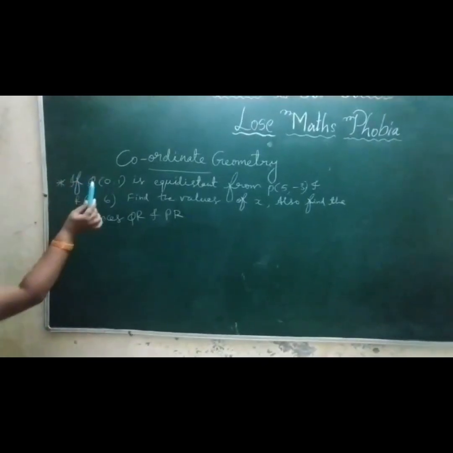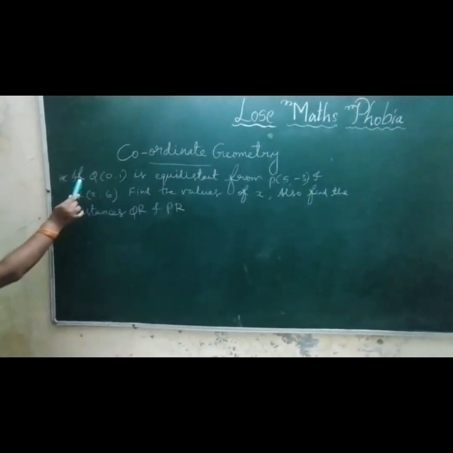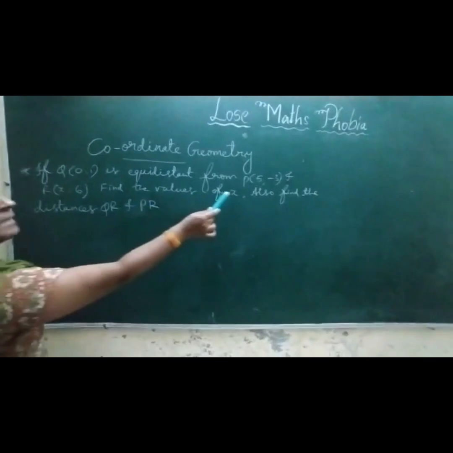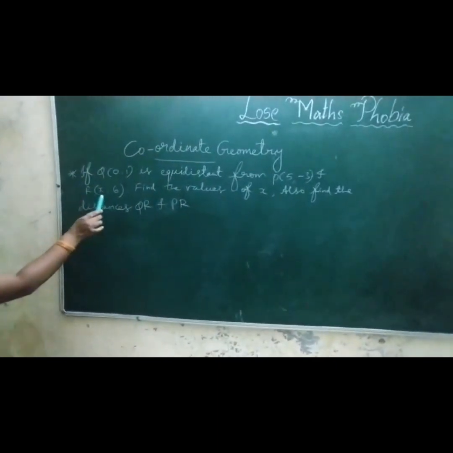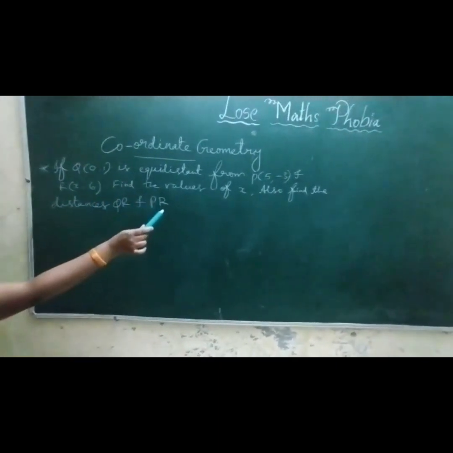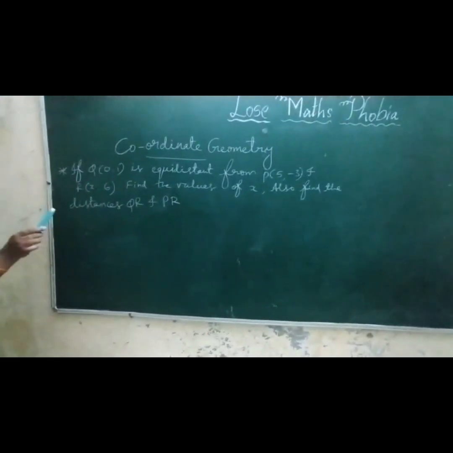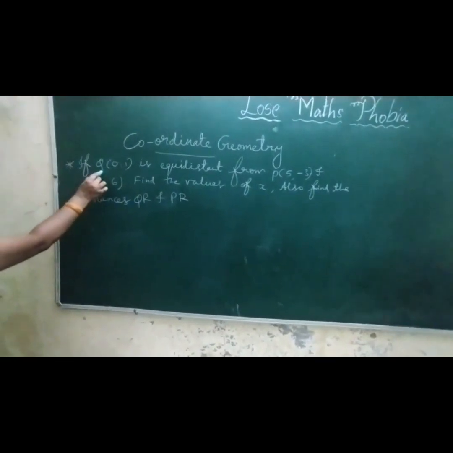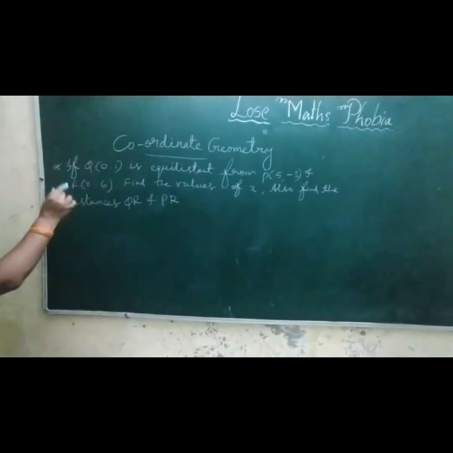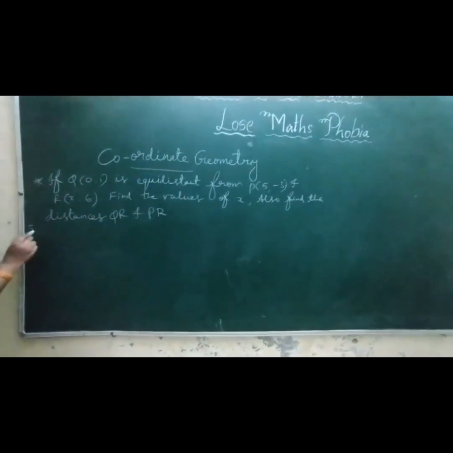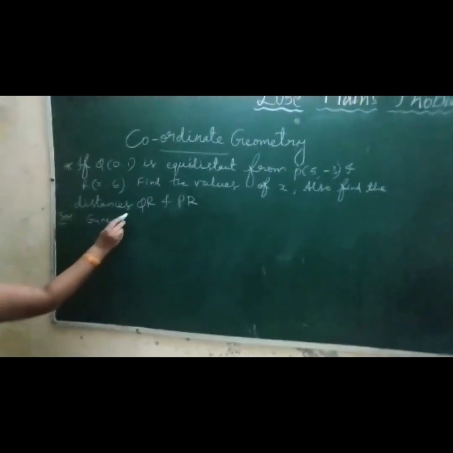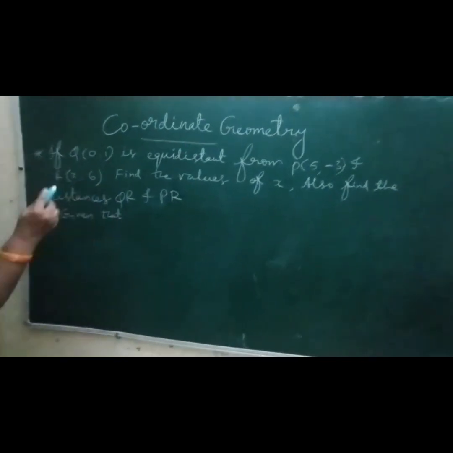Now let us discuss a problem related to coordinate geometry. If Q(0, 1) is equidistant from P(5, -3) and R(x, 6), find the values of x. Also find the distances QR and PR. So first, the clue given is that Q is equidistant from P and R. What is given in the question?